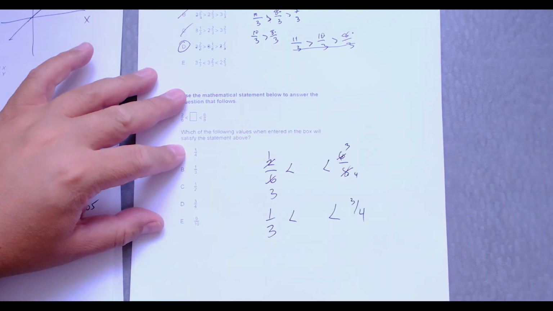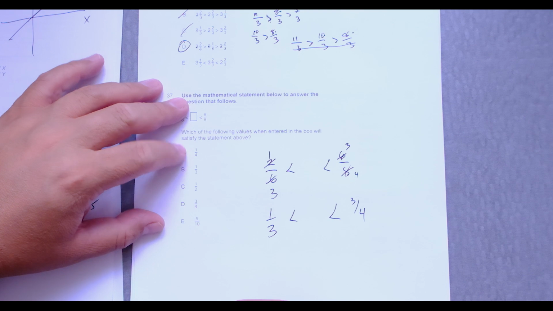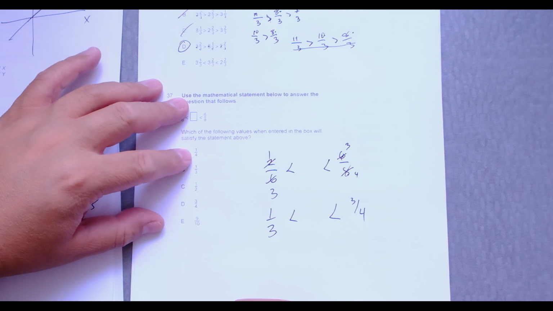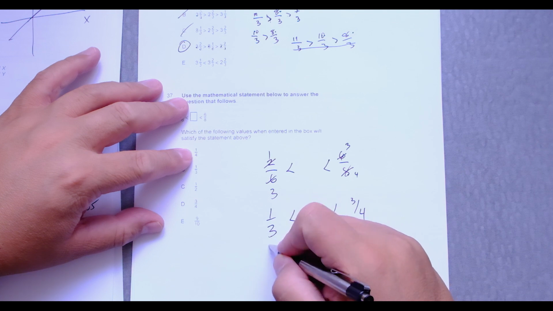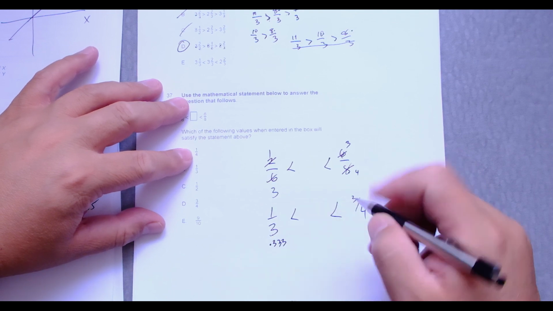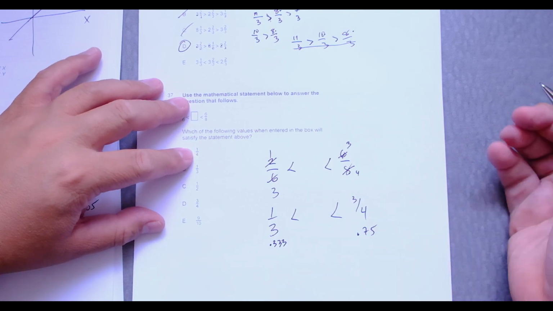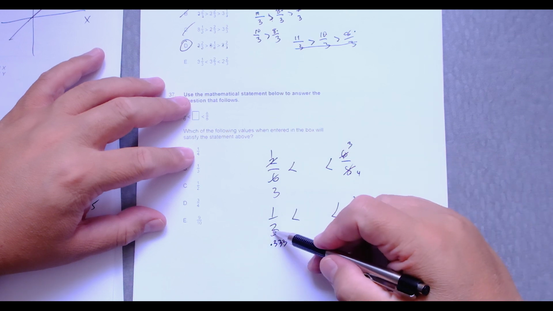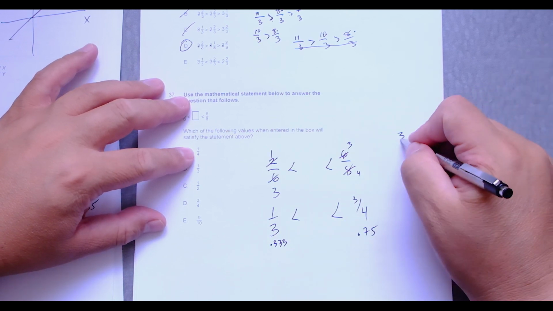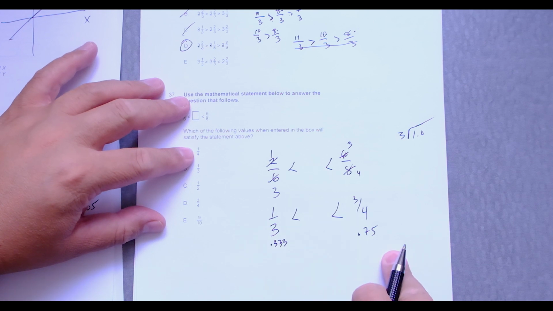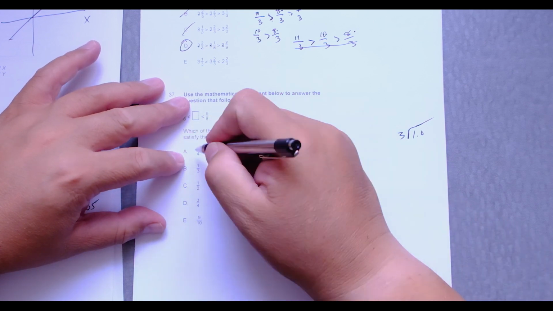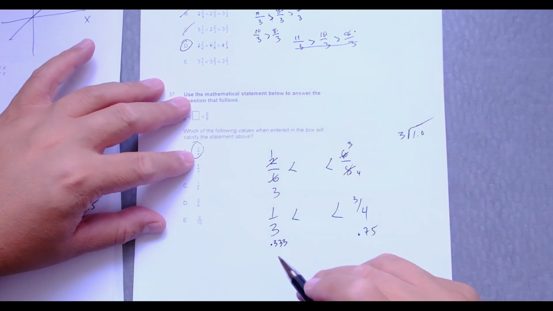And these are reduced. So 1/4. So this is 1/3, this is 0.333. This is 0.75. You might have to do division to figure that out, because when you have decimals, it seems to be a little bit better. But look, there is a quarter, right?